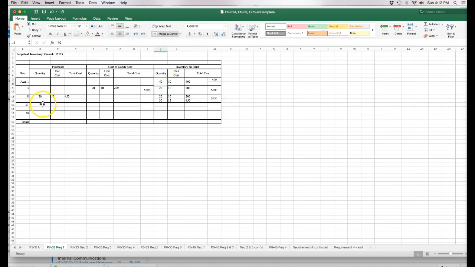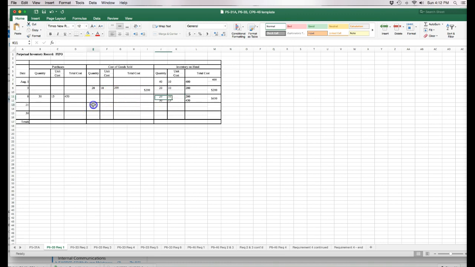But now that we're selling 40 more units, if you look, what we have on hand is two different categories of prices. We have some that were purchased at $10 originally, and then those that we later purchased at $15. So if we have sold 40 units, first in, first out says that we first have to get rid of the ones that came in first, those ones that we had on hand.